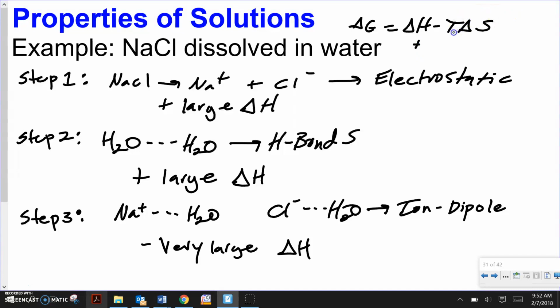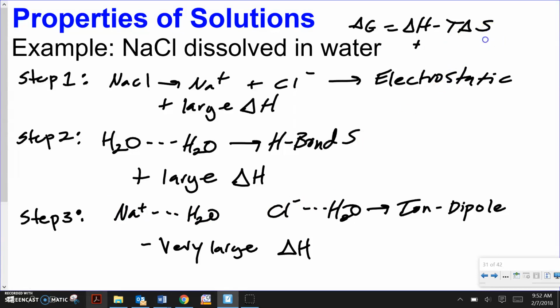From there, delta S is going to be a fairly large delta S because remember, delta S is chaos, and we have a lot of chaos going on here with the ions separating from one species turning into 2 separate species. The one species being sodium chloride, and then the 2 separate species being the sodium ion and the chlorine ion. So this ends up being a fairly large positive.